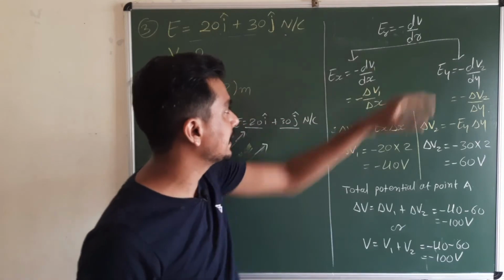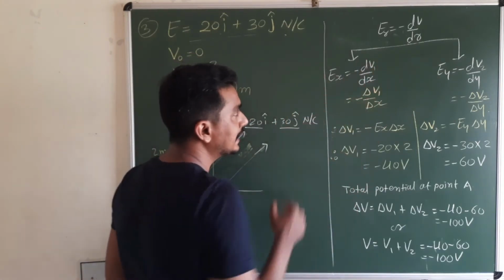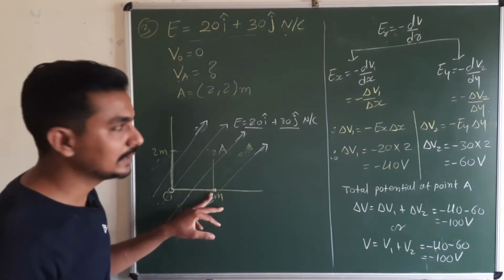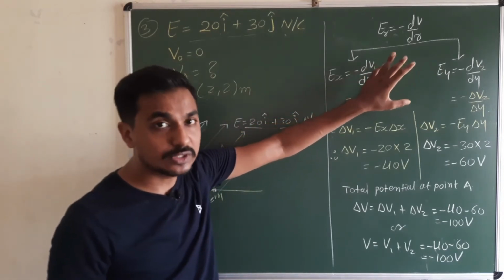So here I can write Ex is equal to minus dV1 by dx. V1 means the potential in the x direction, right? The potential due to the x component of the electric field.